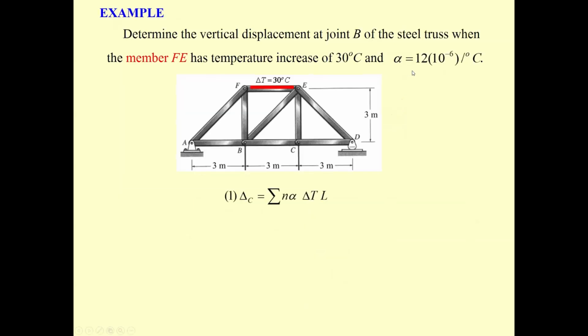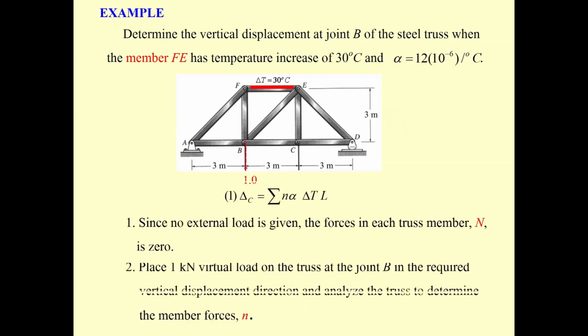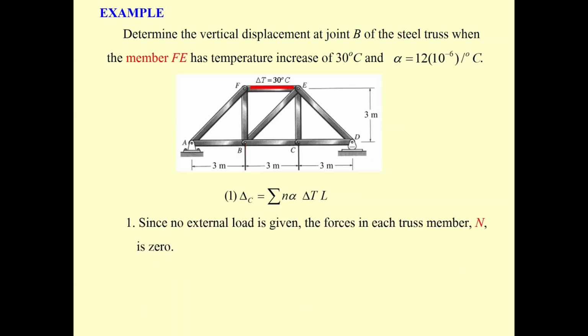Now, from this equation, you have to compute for N. No, there is no external force, so this time there is no capital N. But you have to compute for small n.